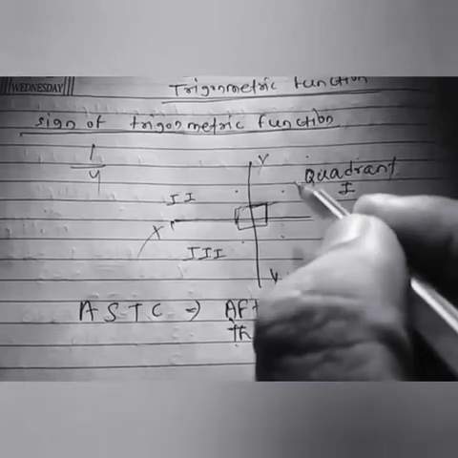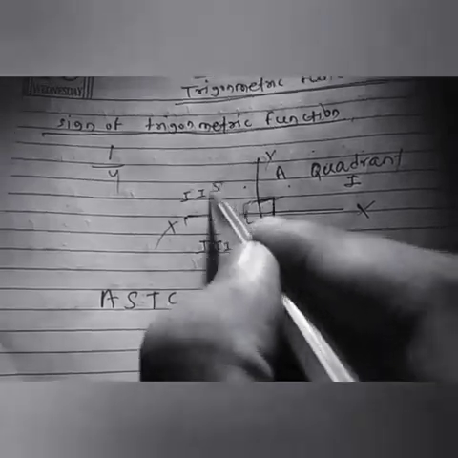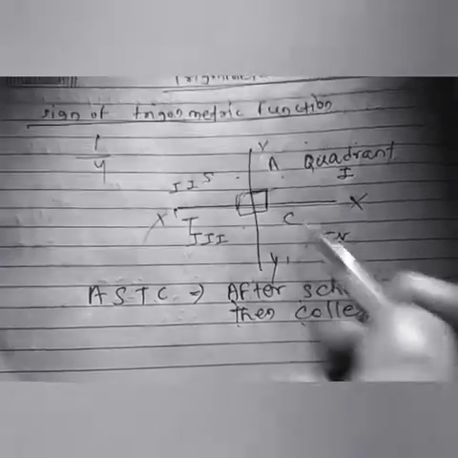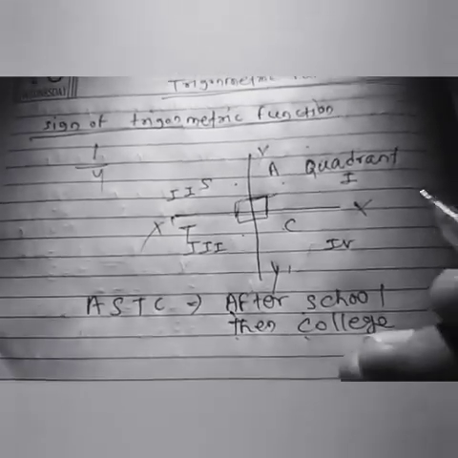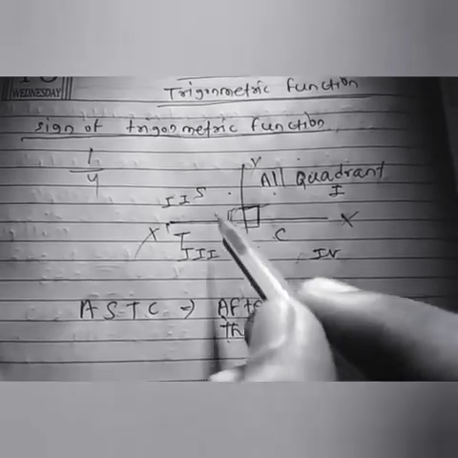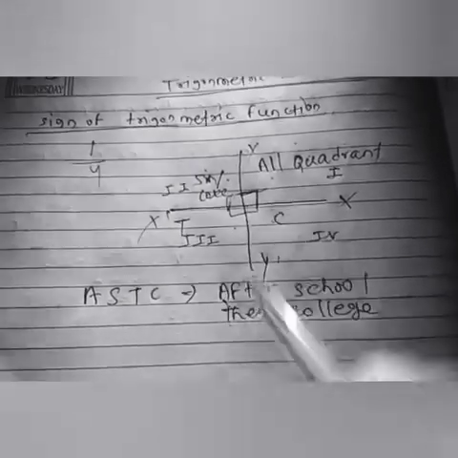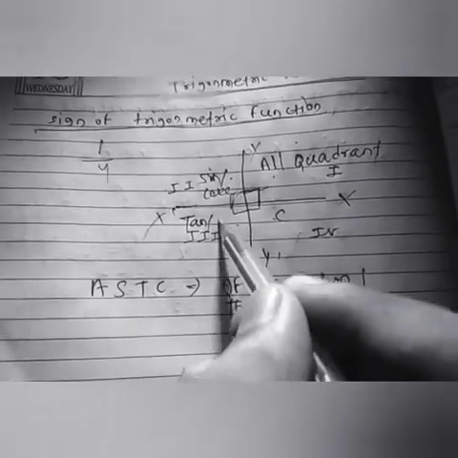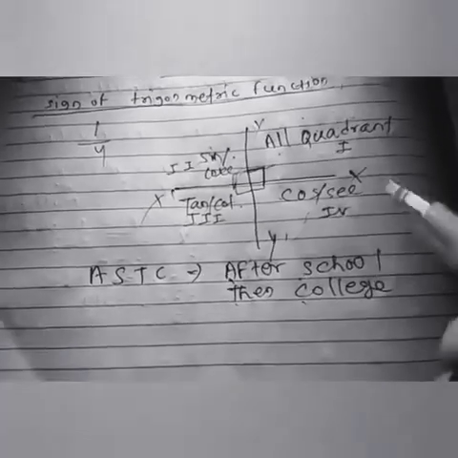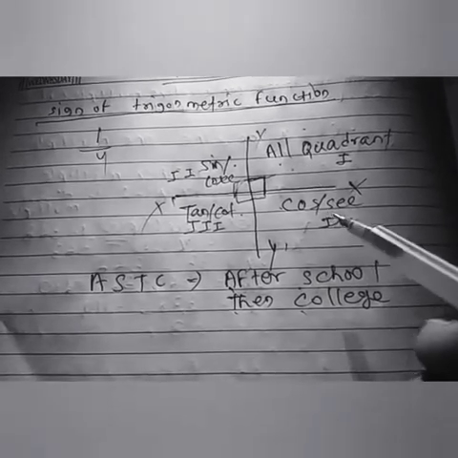So A is for the first quadrant, S is for the second quadrant, T for the third quadrant, and C for the fourth quadrant. What does it mean? A means all, S means sine opposite cosec, T means tan opposite cot, C means cos opposite sec.